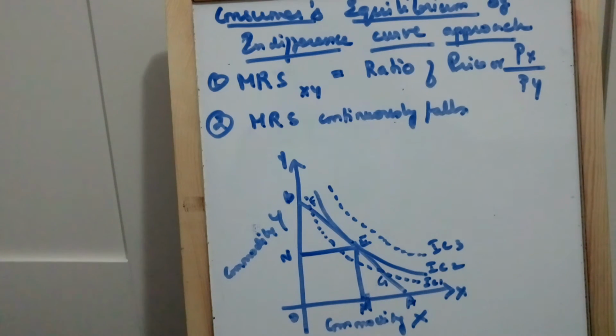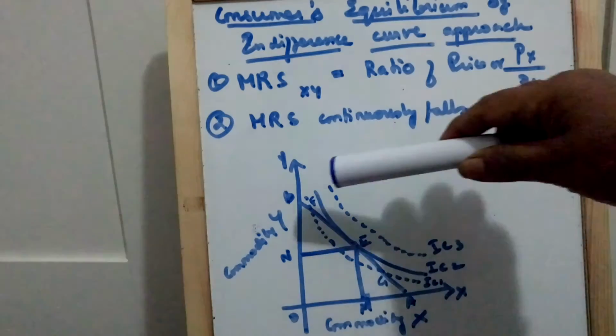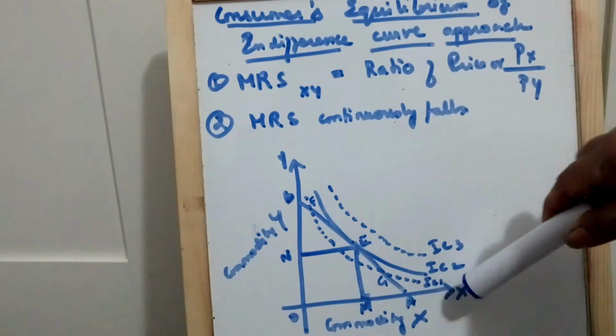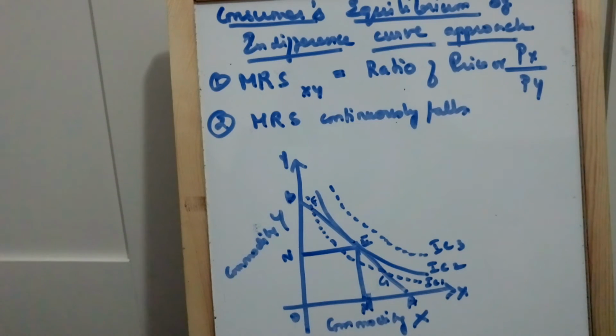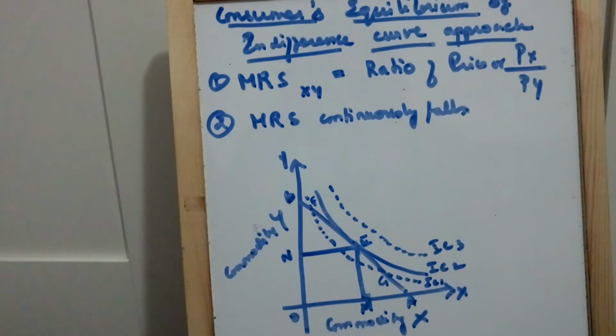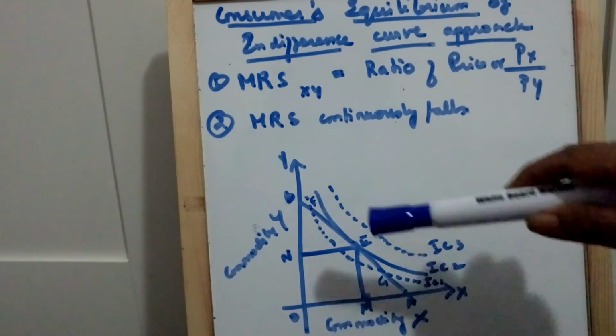That is one. The second one is MRS must be diminishing at the point of equilibrium. That is, the indifference curve must be convex to the origin at the point of equilibrium. Unless MRS continuously falls, the equilibrium cannot be established.